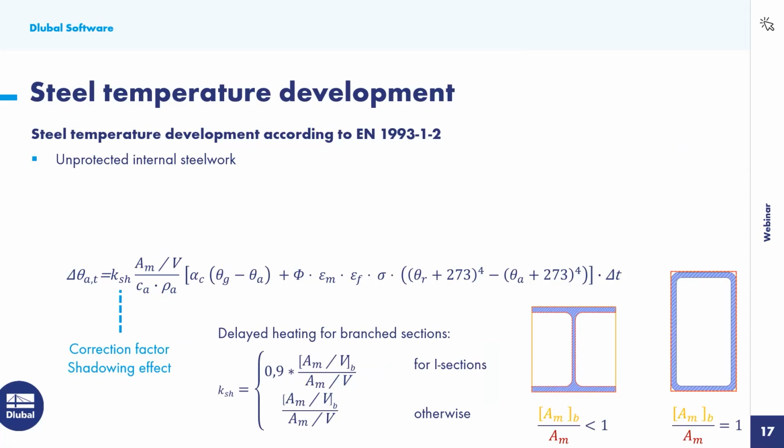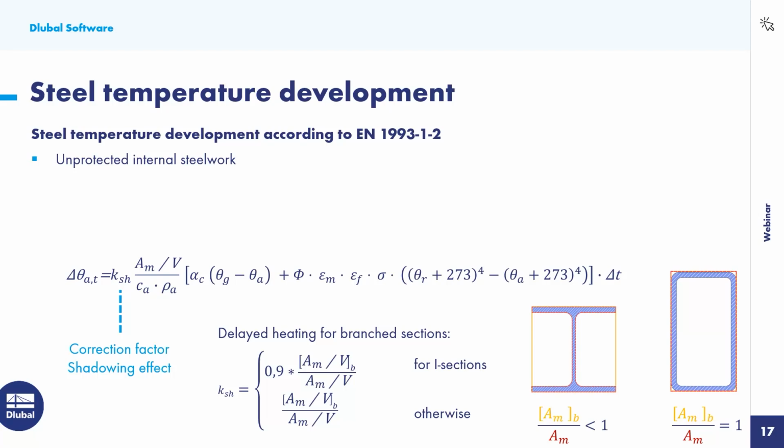Another factor that is influenced by the section choice is the correction factor for the shadowing effect. It is calculated from the profile factor for a fictitious box enclosing the cross-section, here shown in yellow for the I-section, divided by the actual profile factor calculated based on the perimeter of the section in red.